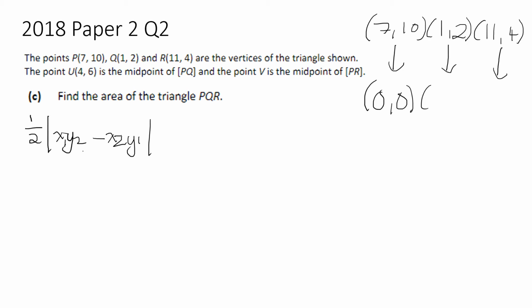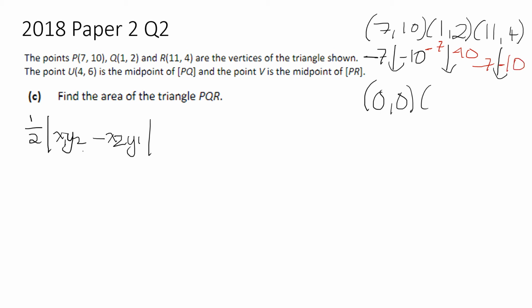So 7 goes to 0 by taking away 7, and then 10 goes to 0 by taking away 10. That means you're going to do the same on the next ones: minus 7, minus 10, and then minus 7, and minus 10 here as well.